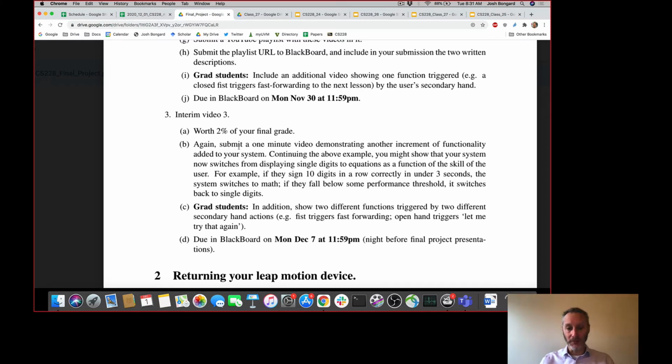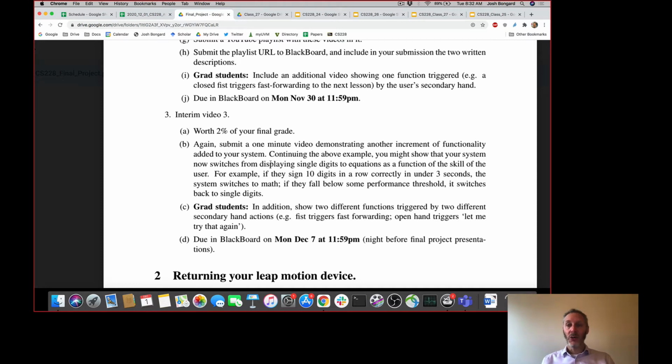So, for example, if you're doing the math game, what you might have shown in Interim Video 1 is just the ability to flash up simple equations with a question mark indicating which digit the user should sign.